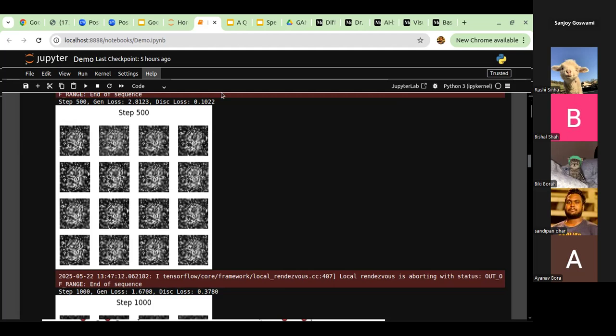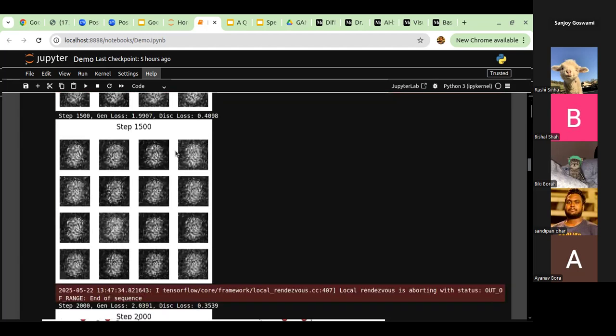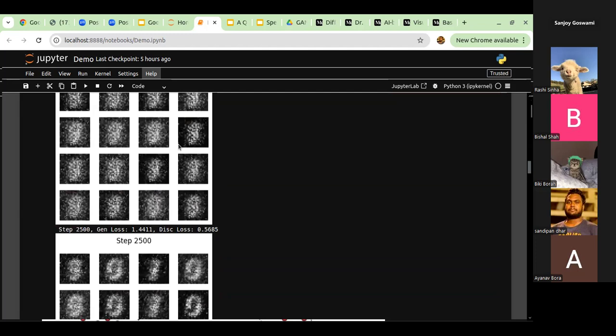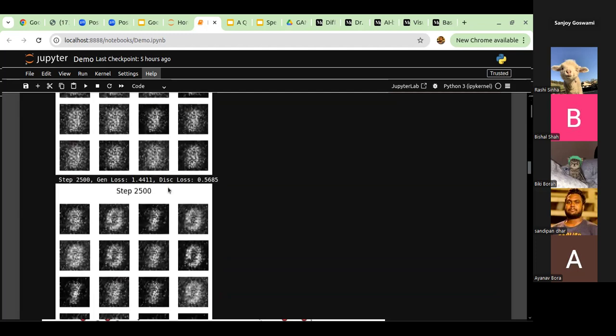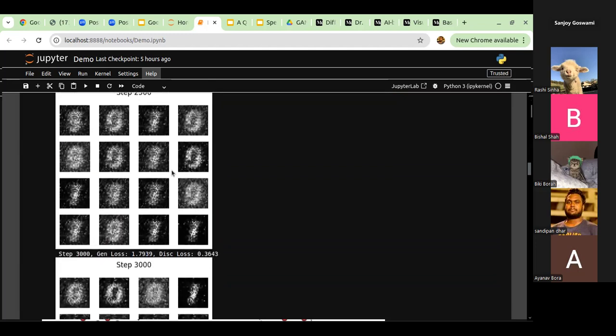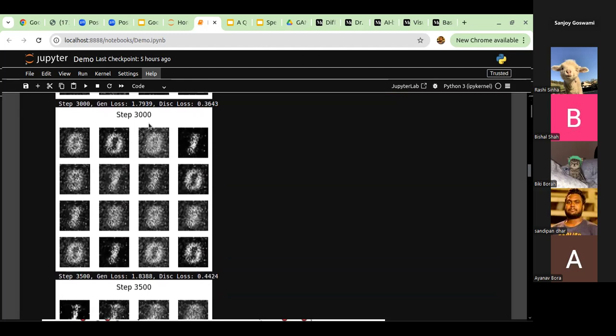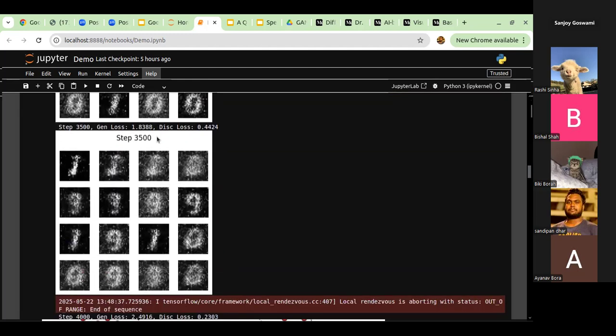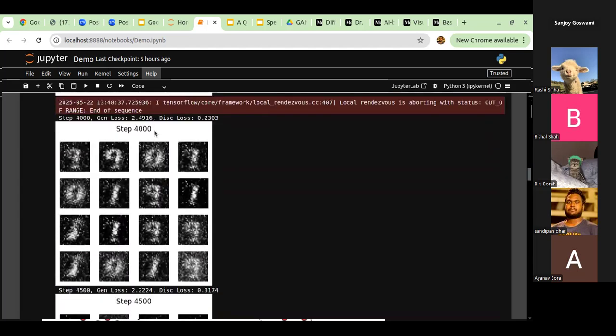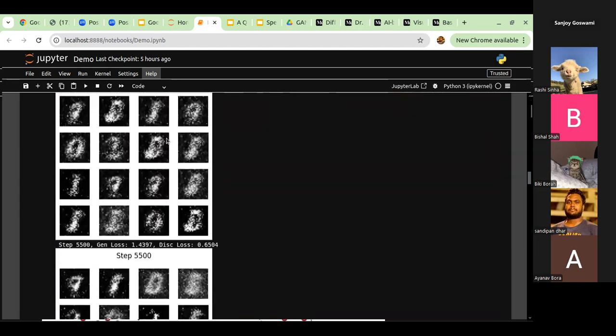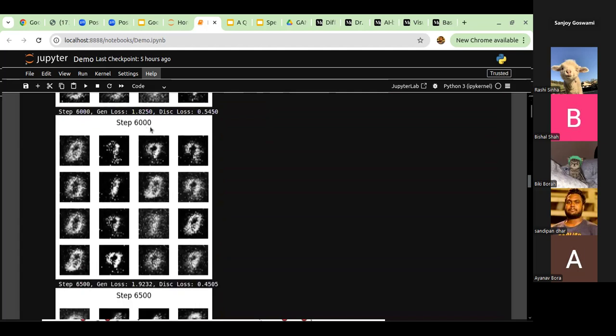Now this is step 500. It's called an iteration. After 1000 and so on, it is improving but the improvement is very little. But gradually it is improving. Now see, after around 3000 iterations, you can see some digits appearing. Then at 4000, it is more clear. Then 6000, far more clear.